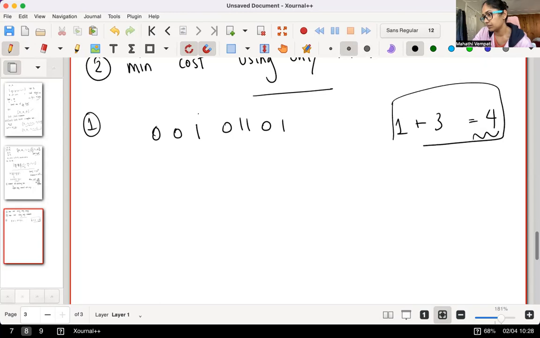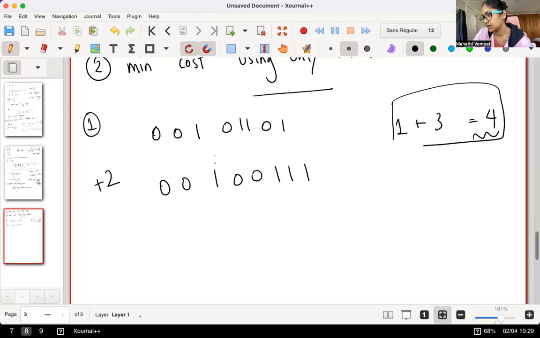So I must swap this here. Okay, first let me make two swaps: 0, 0, 1, 0, 1, 1, 1.